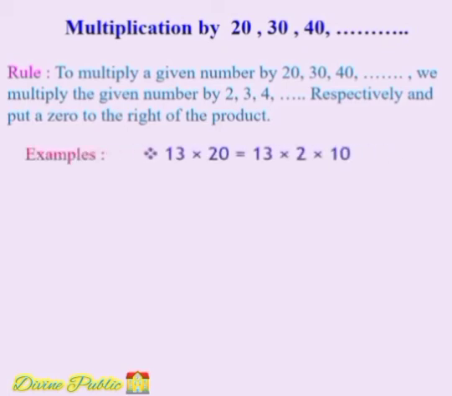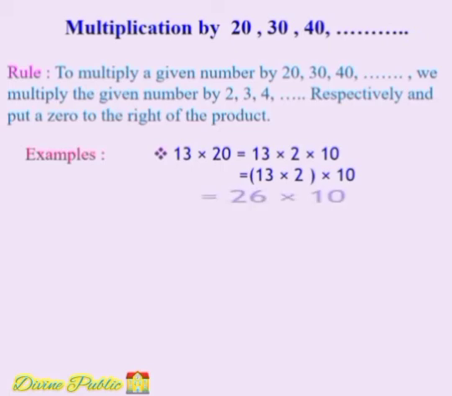For example, 13 multiplied by 20 is equal to 13 multiplied by 2 into 10. We will multiply 13 and 2 together and then again by 10. Then we will get 26 multiplied by 10 and after that we will get the final answer 260.